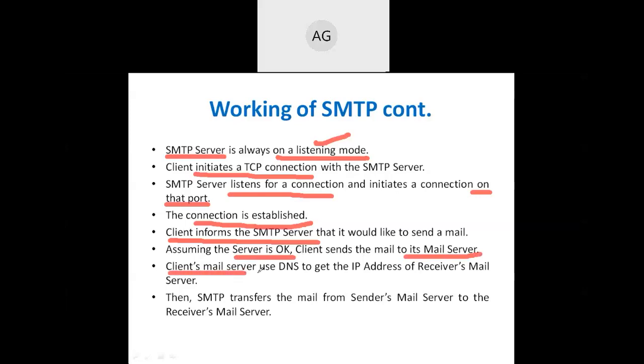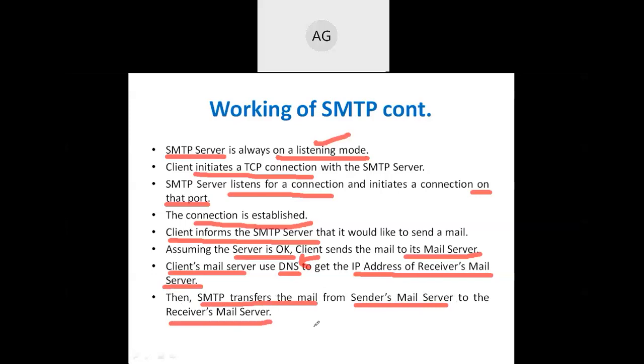Then the client mail server uses DNS, meaning domain name system. This is a topic we will discuss in a later class. So the client mail server uses DNS to get the IP address of the receiver's mail server. Then SMTP transfers the mail from the sender's mail server to the receiver's mail server.